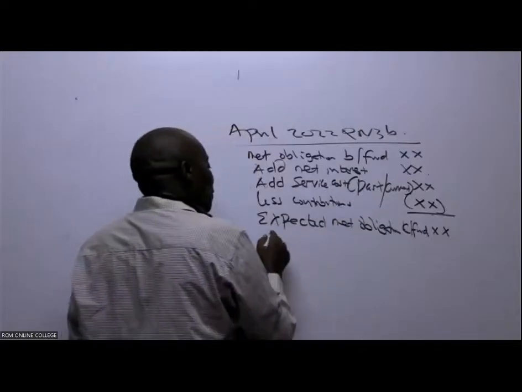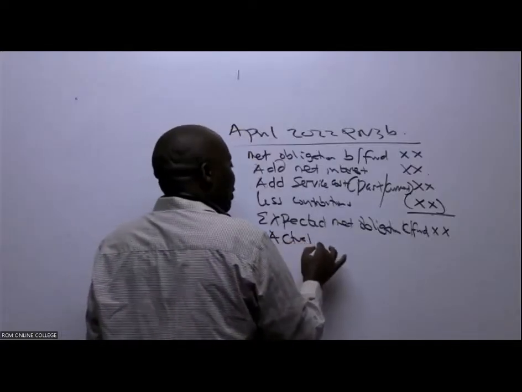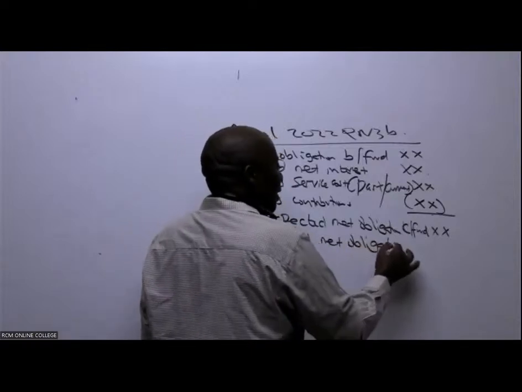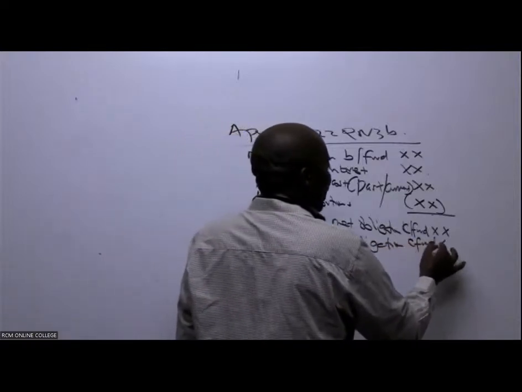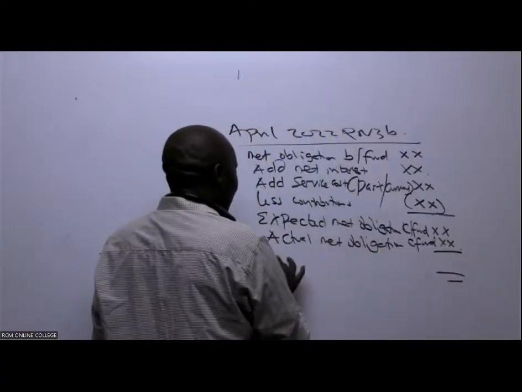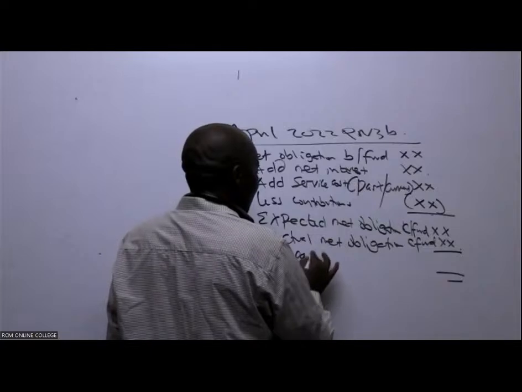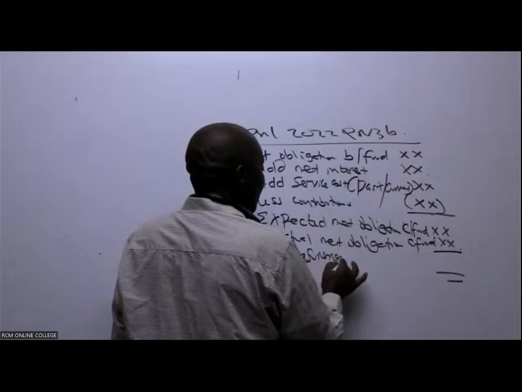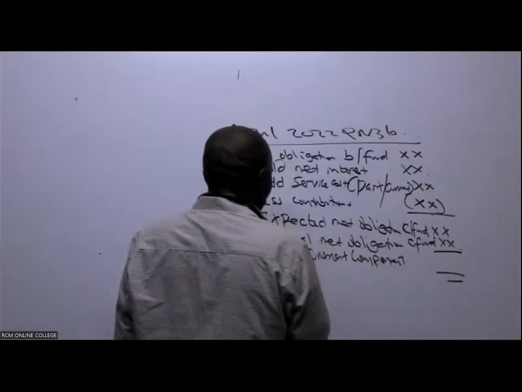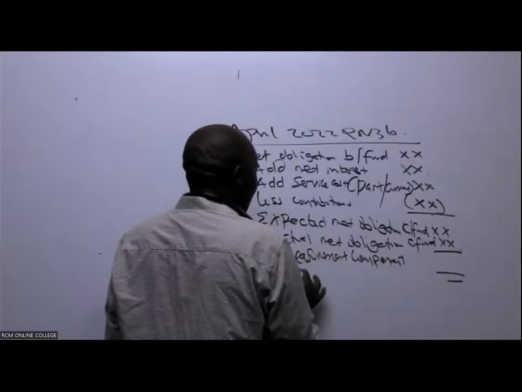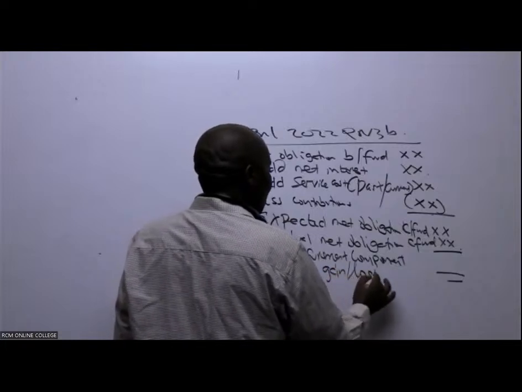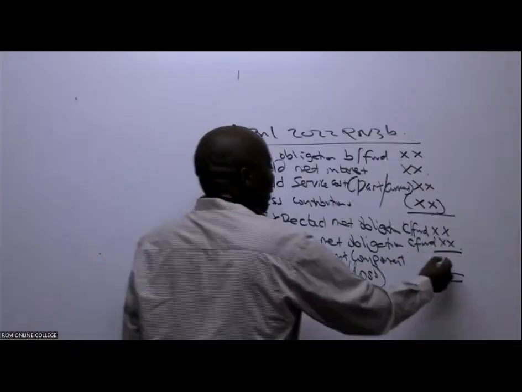You compare this with the actual net obligation carried forward for you to be able to give us what we call the remeasurement component. What the old standard used to call actuarial gain or loss.